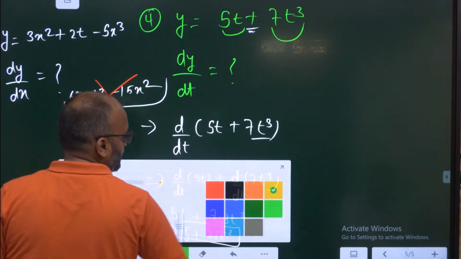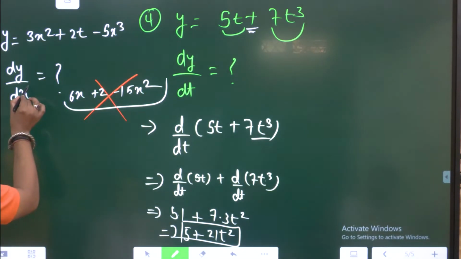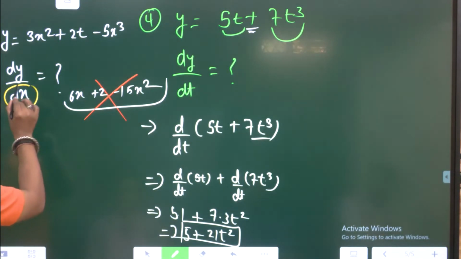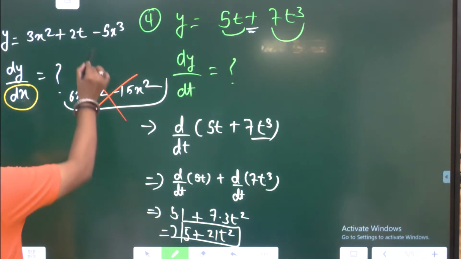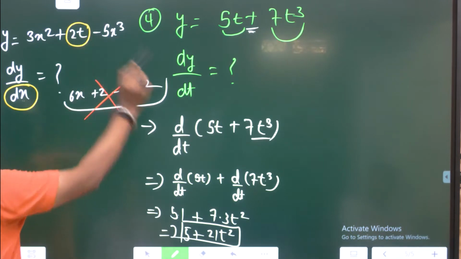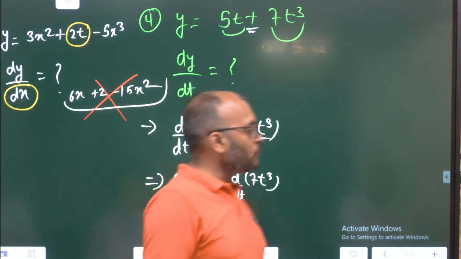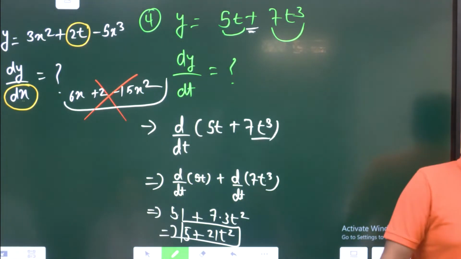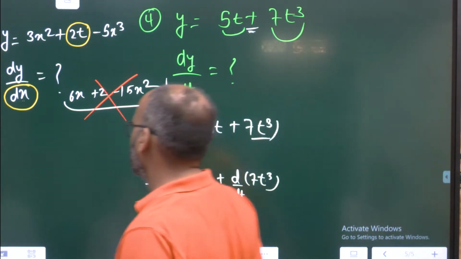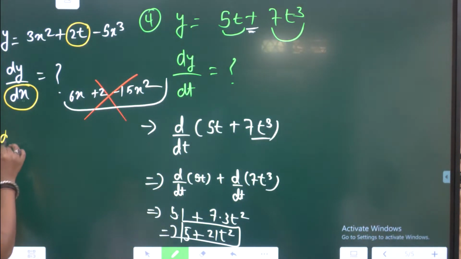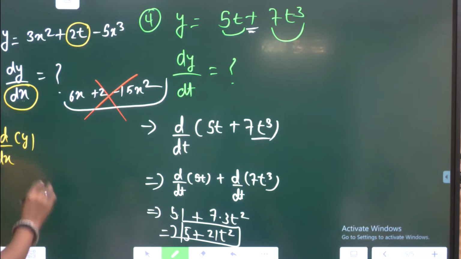Pay attention. You are differentiating with respect to x, right? So this is a constant, and differentiation of a constant is 0. So d by dx of y, understood or not?